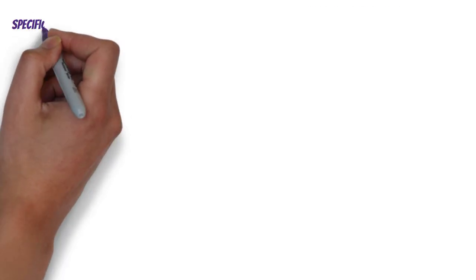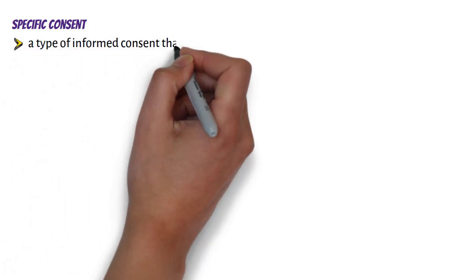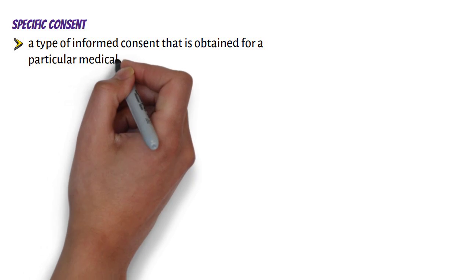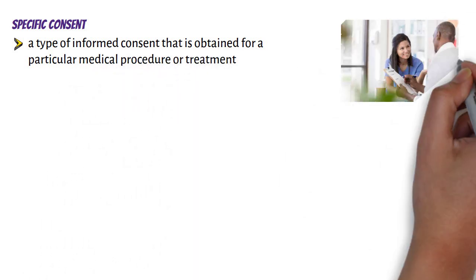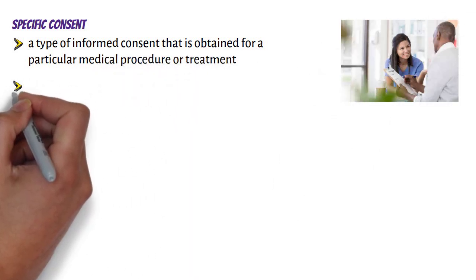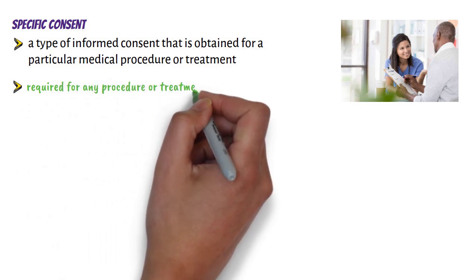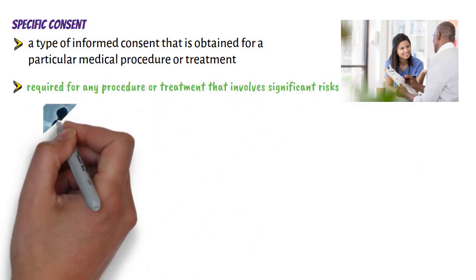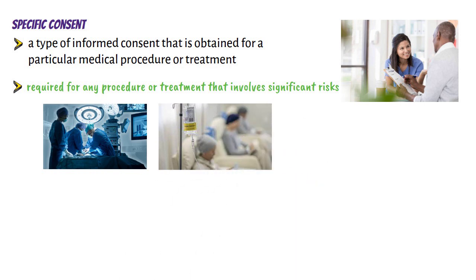Second, specific consent. Specific consent is a type of informed consent that is obtained for a particular medical procedure or treatment. It is required for any procedure or treatment that involves significant risks, such as surgery or chemotherapy.